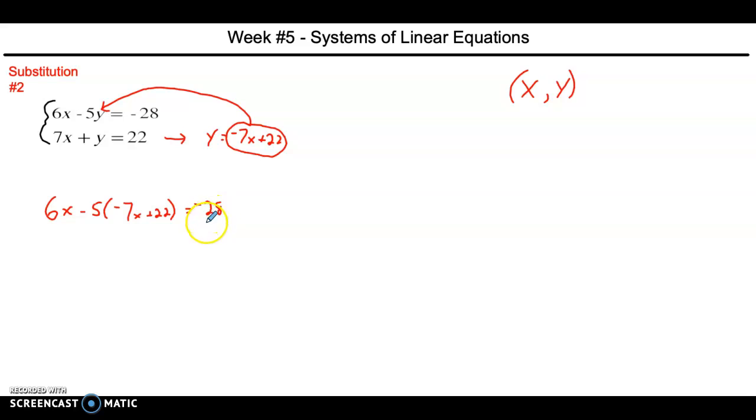Okay, so the reason we do this, we went from two equations with two variables to, after the substitution, one equation with only one variable, x. We can solve for x. So that's what we start to do next.